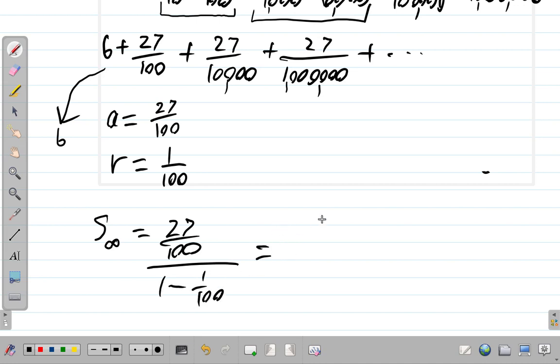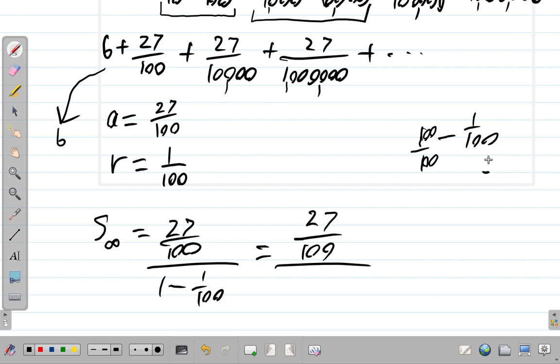So let's work this out. It is 27 over 100 divided by 1 minus 1/100 is what? Let's do some fractions now. 1 minus 1 over 100 is the same as 1 over 1 minus 1 over 100. This means this 1 over 1 means the same as 100 over 100 minus 1 over 100. Now, 100 of anything minus 1 of it gives you 99/100th.